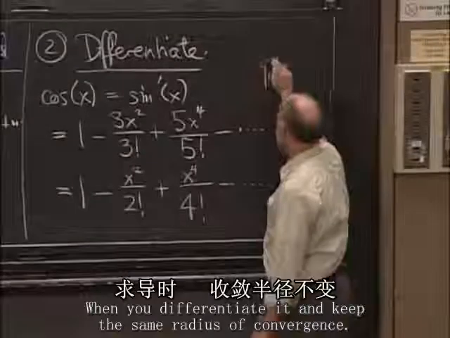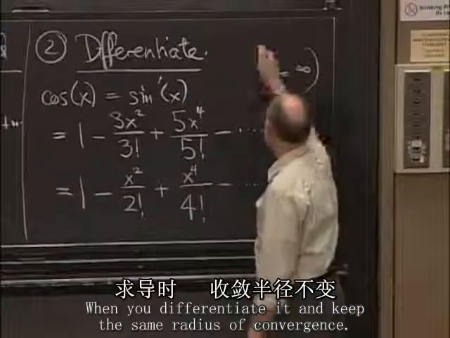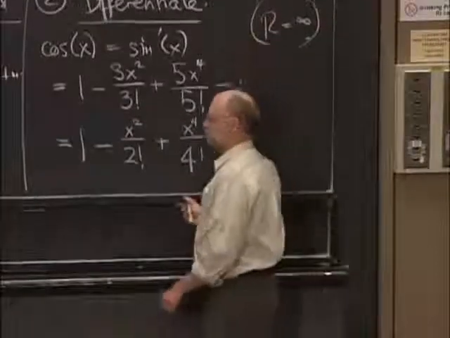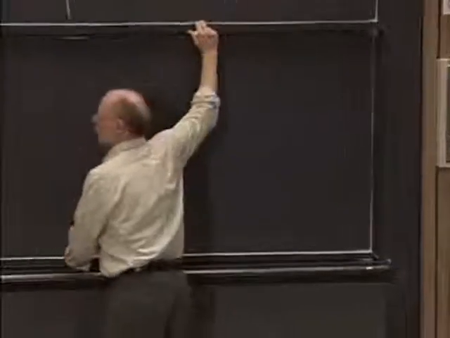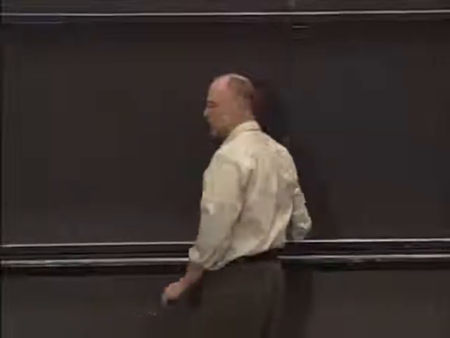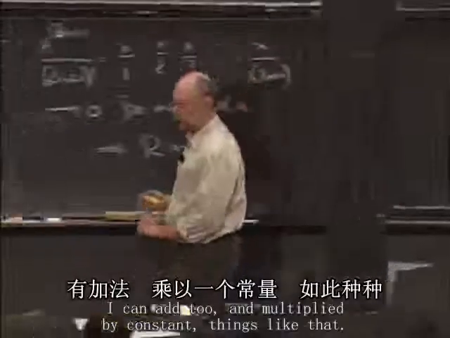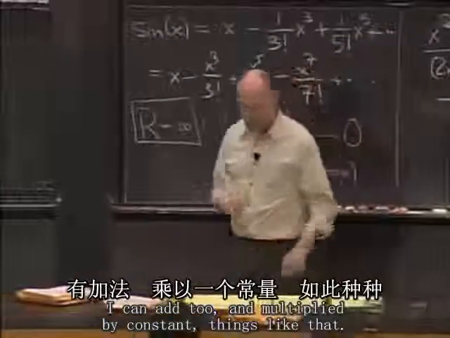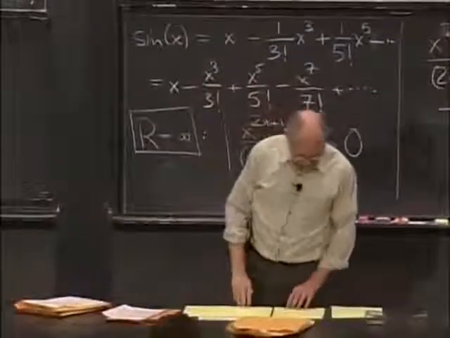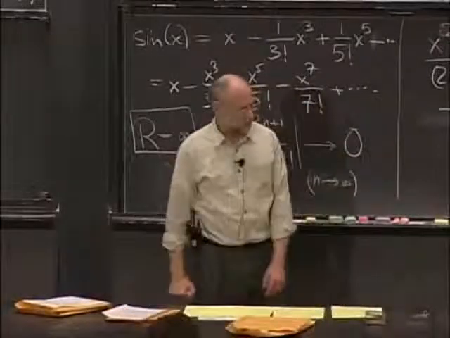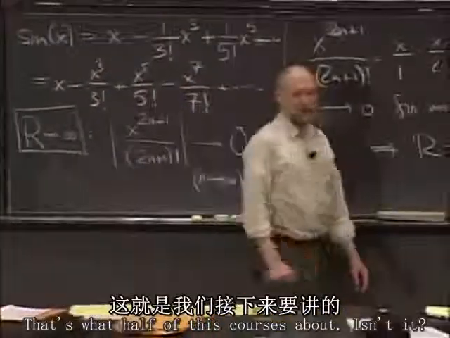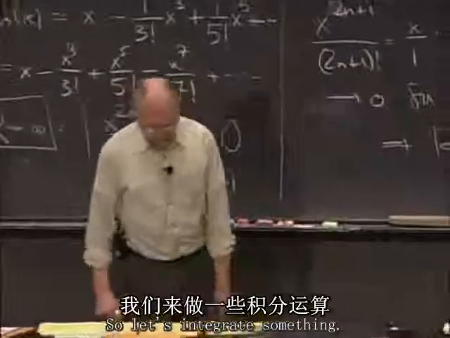When you differentiate, you keep the same radius of convergence. Okay, so we can multiply, I can add to and multiply by constant, things like that. How about integrating? That's what half this course was about, isn't it? So let's integrate something.